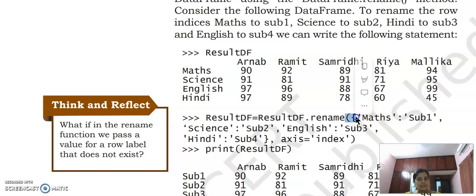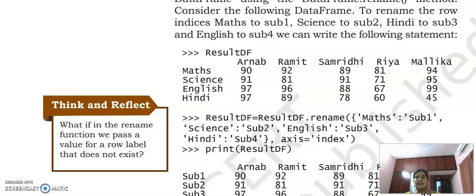Maths colon Sub1 means instead of Maths the new value becomes Sub1. Instead of Science, the new value becomes Sub2. Instead of English, the new value becomes Sub3, and so on. So here we are using a dictionary to rename a row.